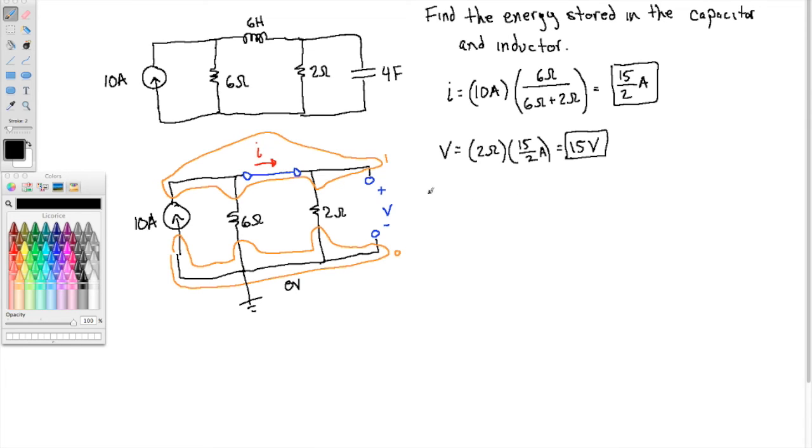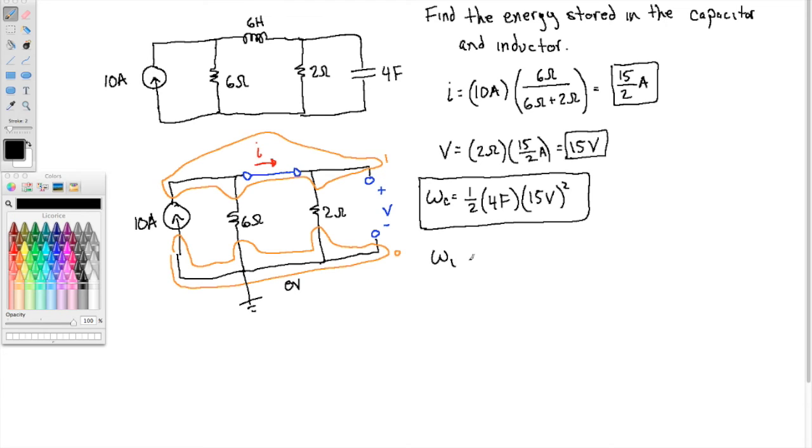Alright, so now finding the energy is straightforward. The energy in the capacitor is 1/2 times C, which is the 4 farads, times the voltage across it squared, 15 squared. Okay?